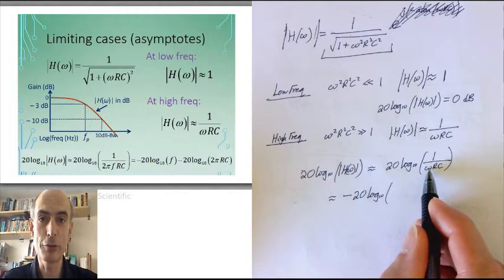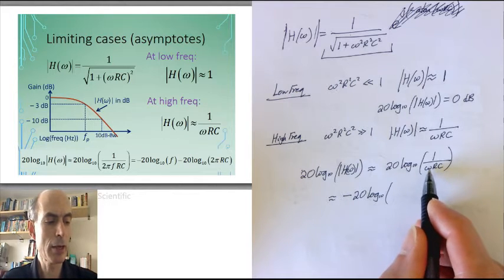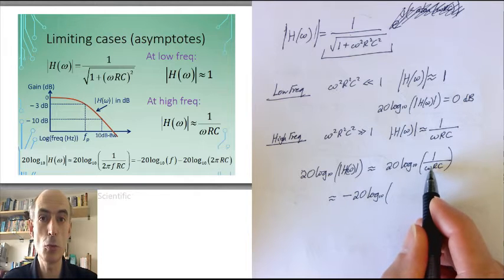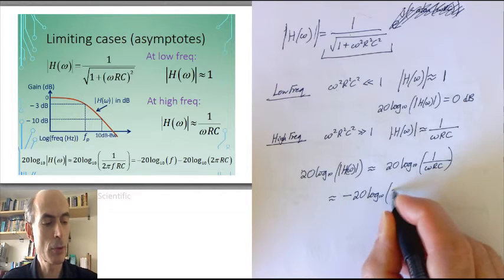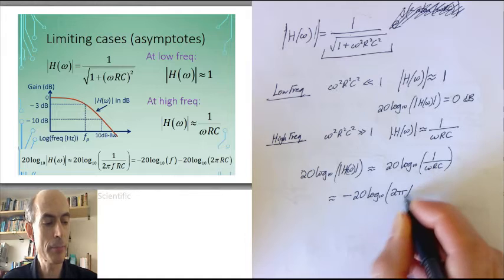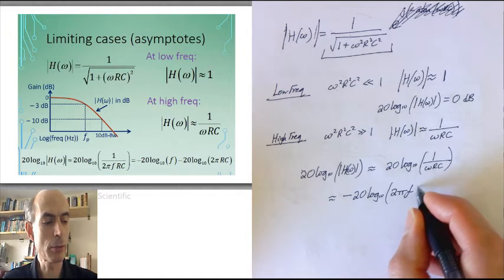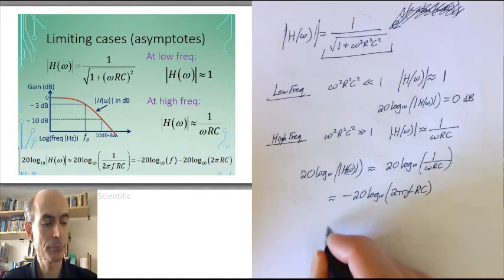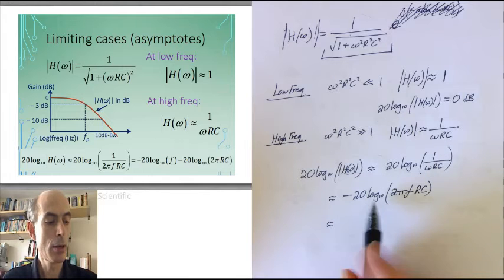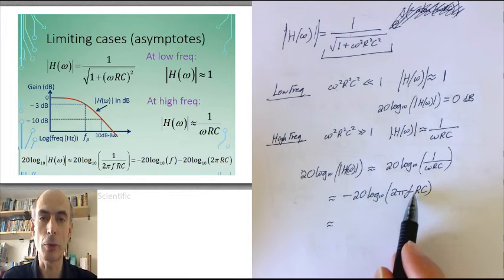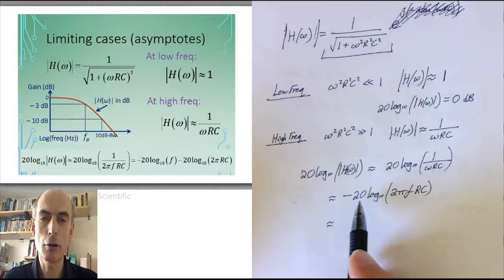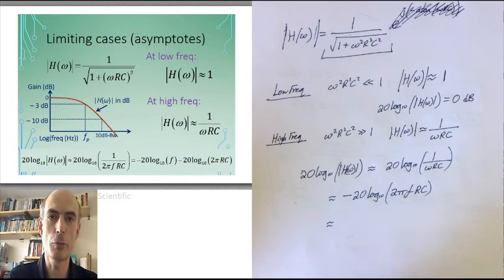This is an angular frequency. Whenever I write omega, I mean an angular frequency in radians per second. But if I change this to hertz, I have to write this omega as 2 pi f. So 2 pi times f times r times c. Now, the logarithm of x times y is the logarithm of x plus the logarithm of y.